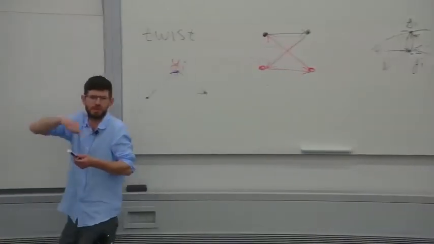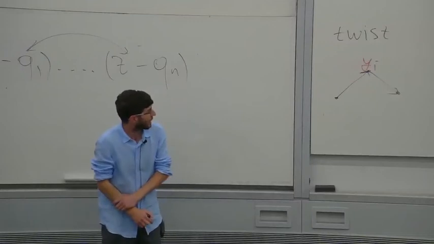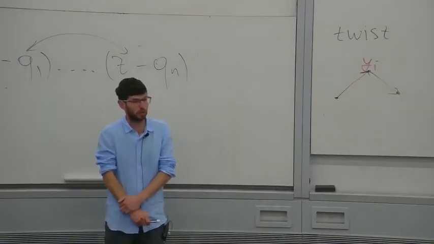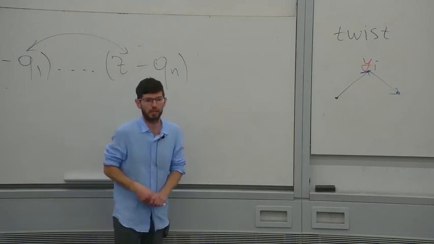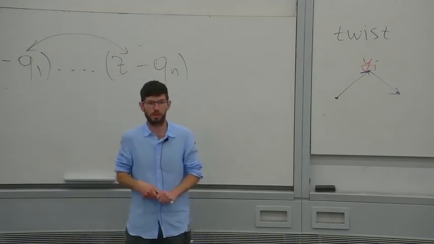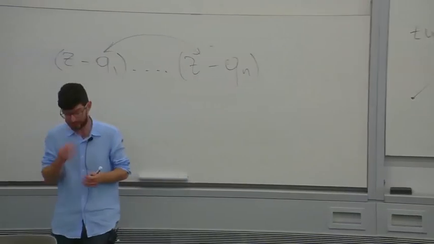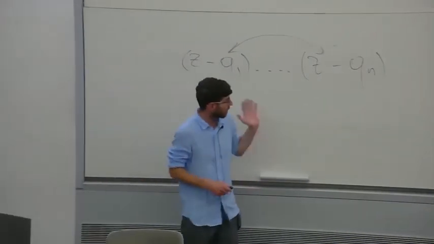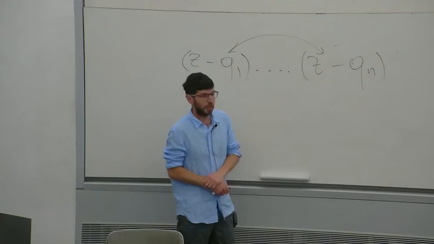Given a quiver, you can always add these arrows that cancel each other. And after that, when you look at the dual graph, you'll see that it's just a hexagonal lattice on a torus.